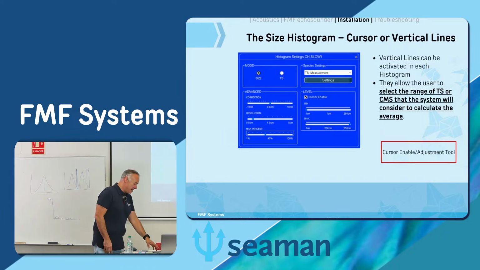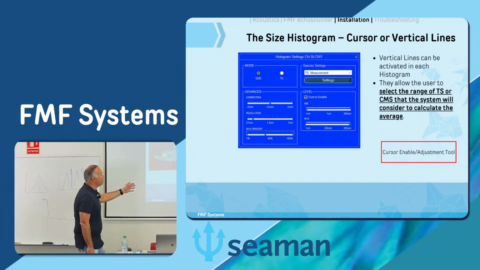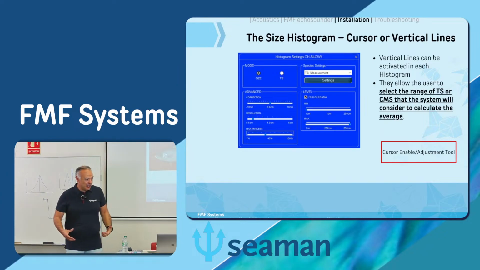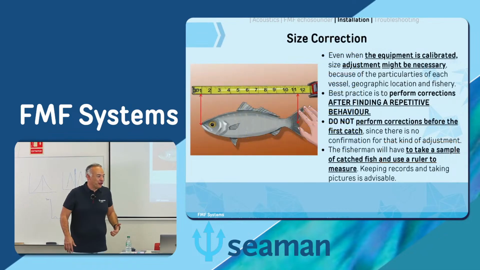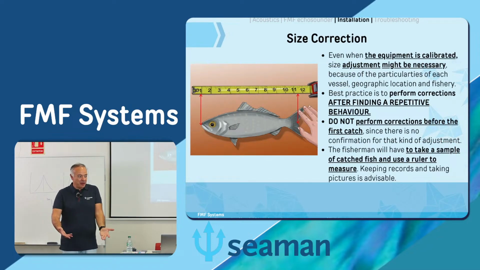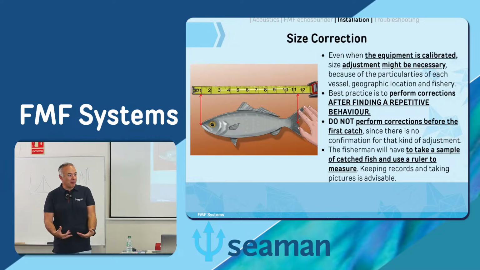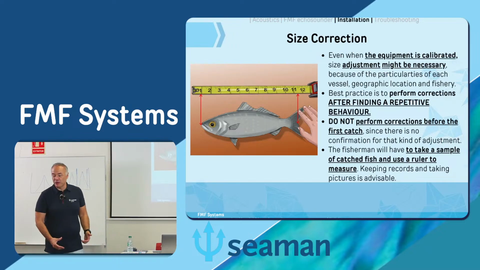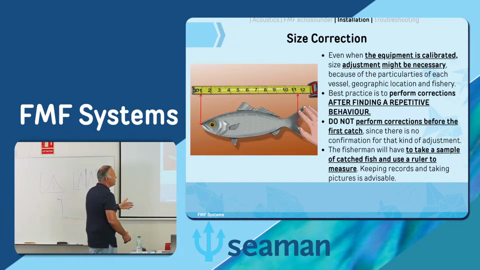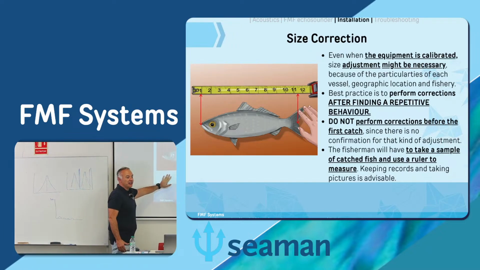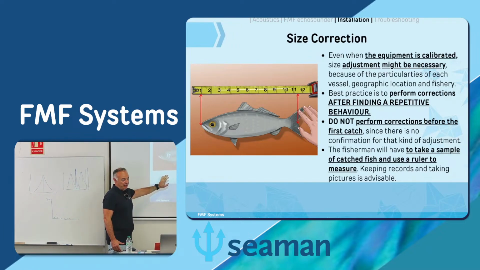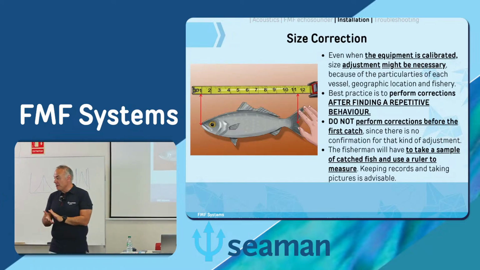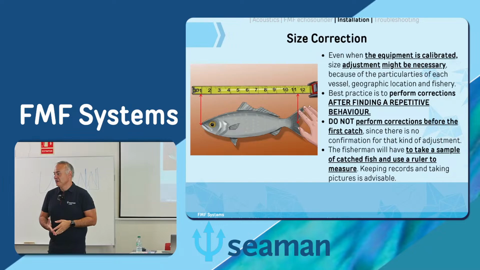How do we do that? By measuring the fish. It seems to be a very basic concept, but I have to explain to people on board: you have to take a sample and measure it. Oh, do I have to measure it? Yes, because I have to know if the system is correctly set for your specific environment, the specific variables that you have where you are measuring.